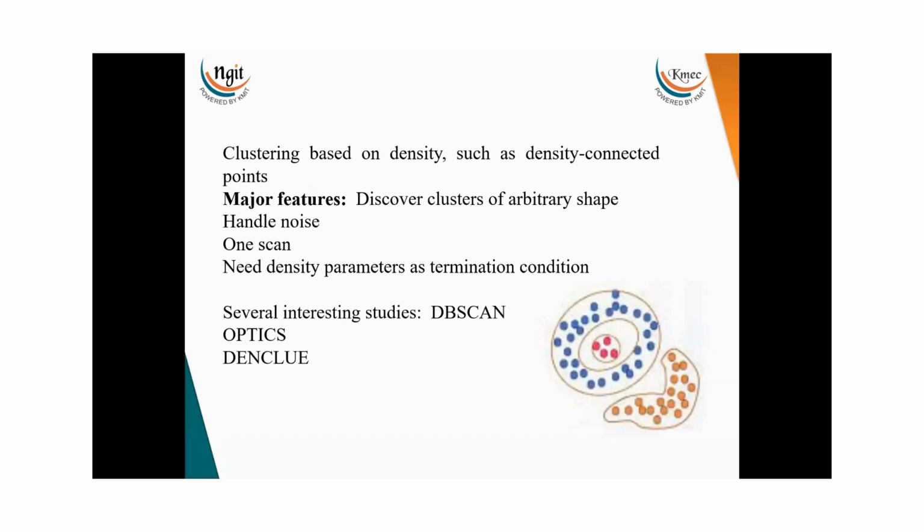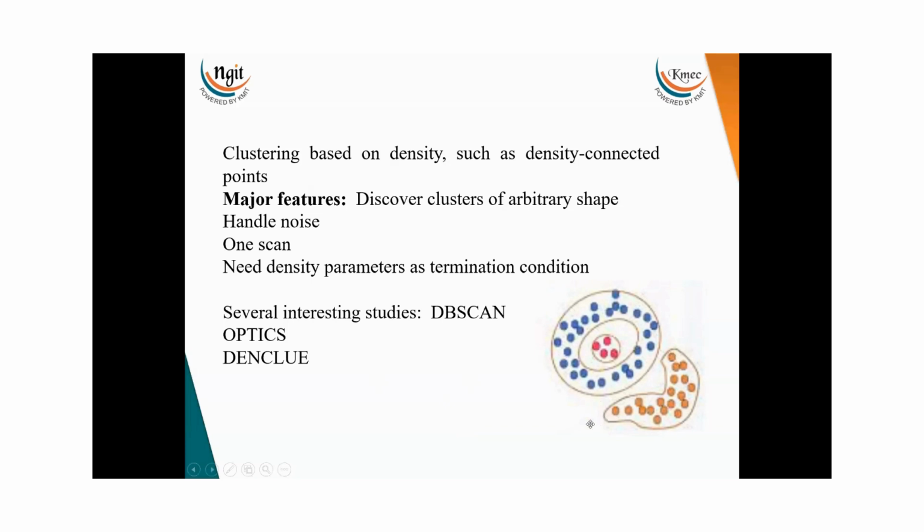But density-based clustering methods depend totally on the density. It means that they look at which points are connected within a dense area. Here it helps us cluster arbitrary shaped data points.